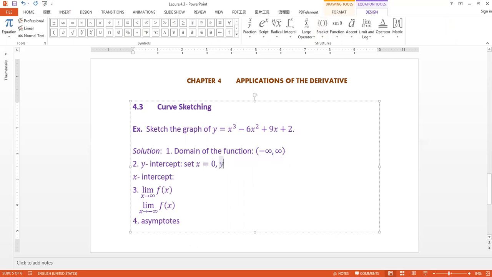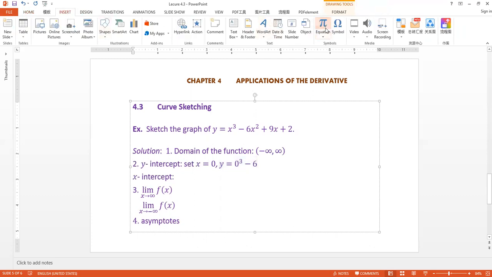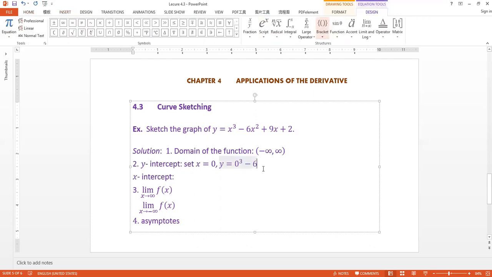So when x equals 0, y will be what? Just plug in 0 for x in the function and compute the value of the function. So x cubed minus 6x squared, that's 0 cubed minus 6 times 0 squared.